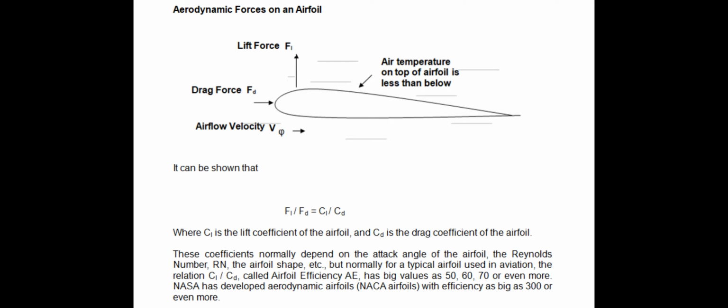This ratio of the lift coefficient over the drag coefficient of the airfoil, which is also called the airfoil efficiency, can be shown to be equal to the ratio of the lift force over the drag force developed both in the airfoil.